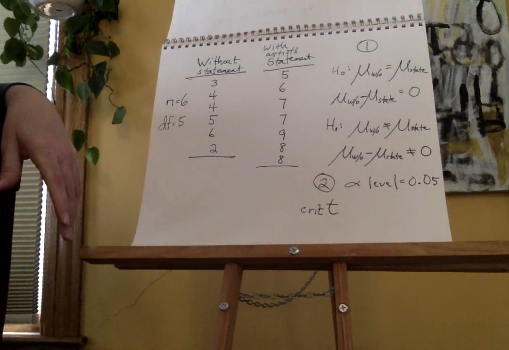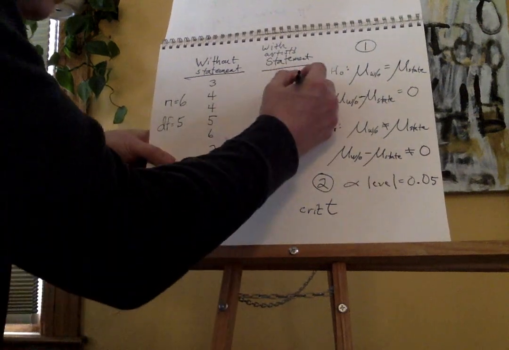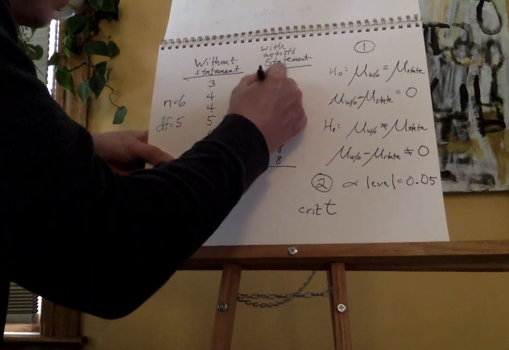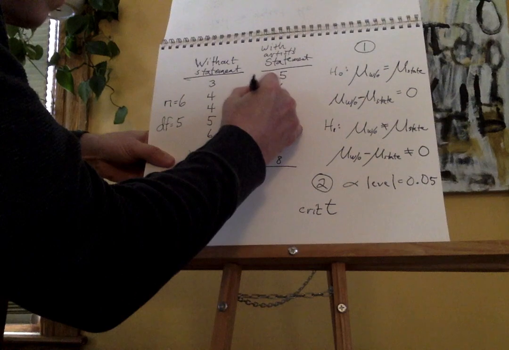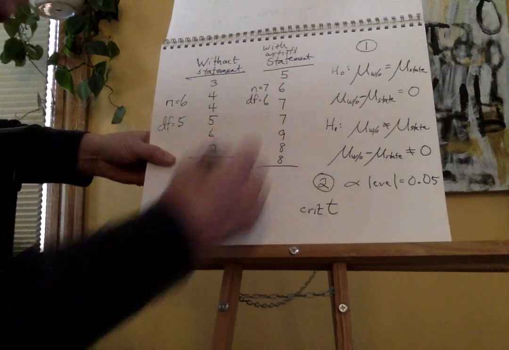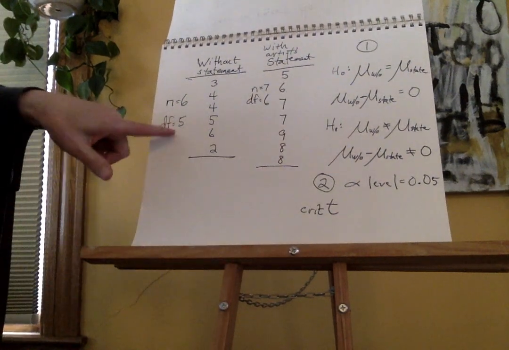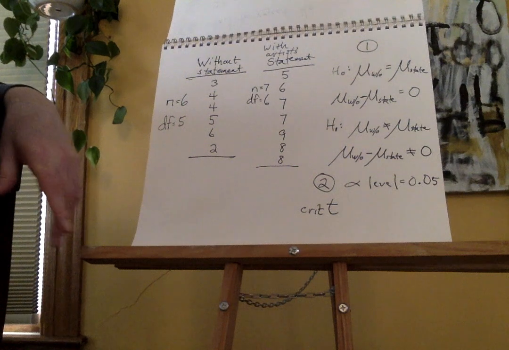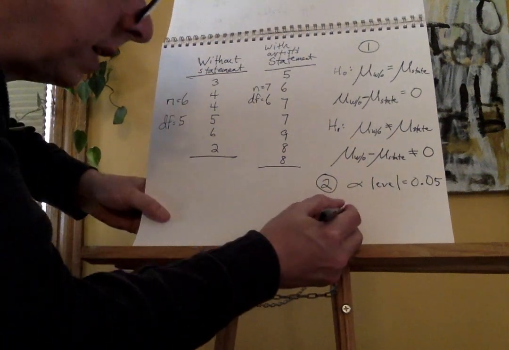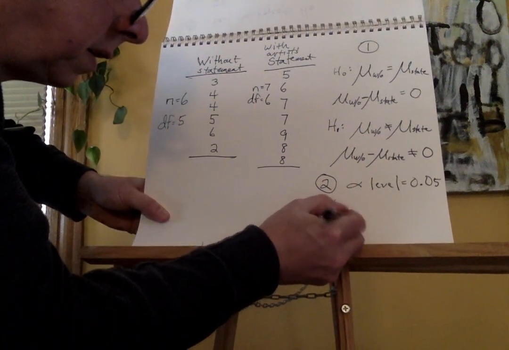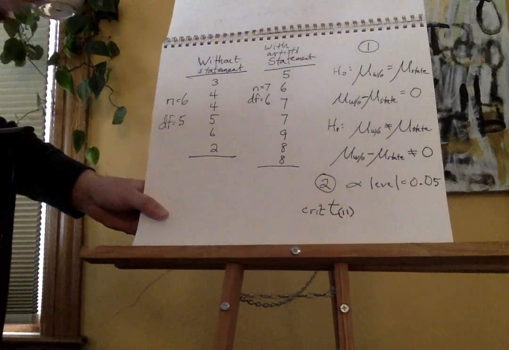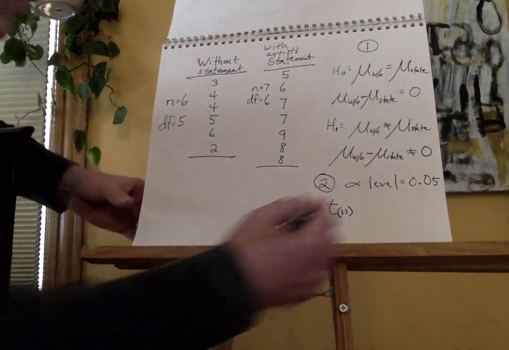Over here we have an N of 7. Degrees of freedom in this case then is 6. We're going to combine the 2 degrees of freedom. So this is going to be a T test with 11 degrees of freedom.